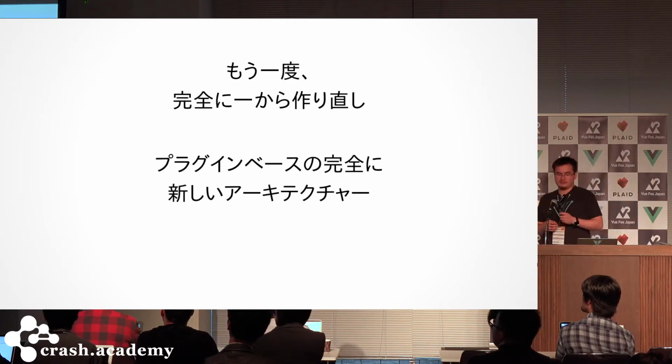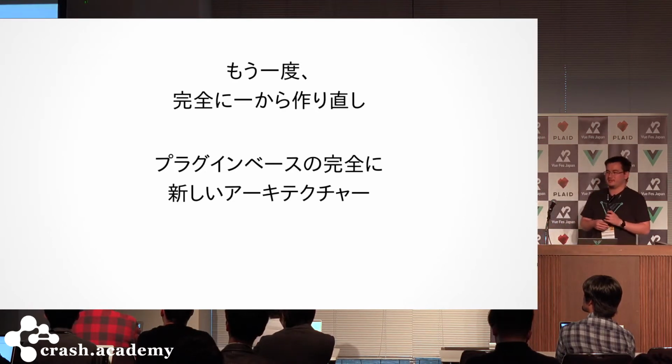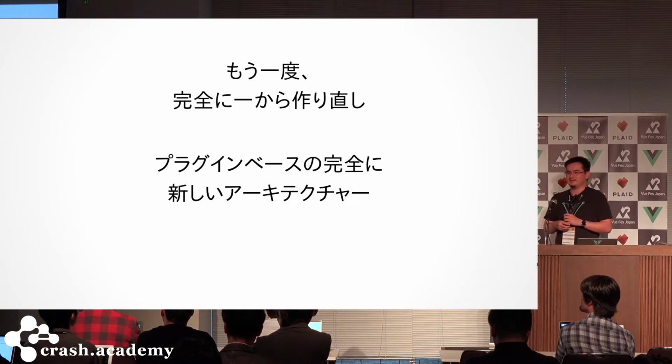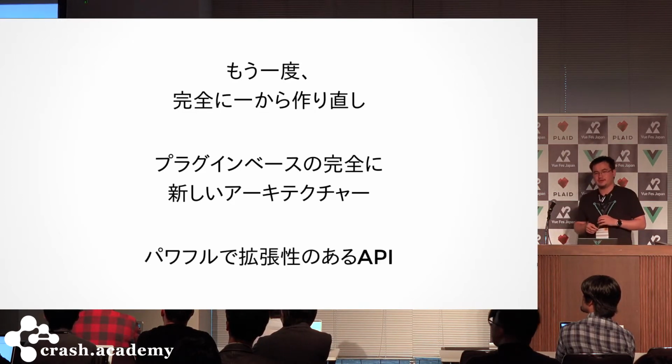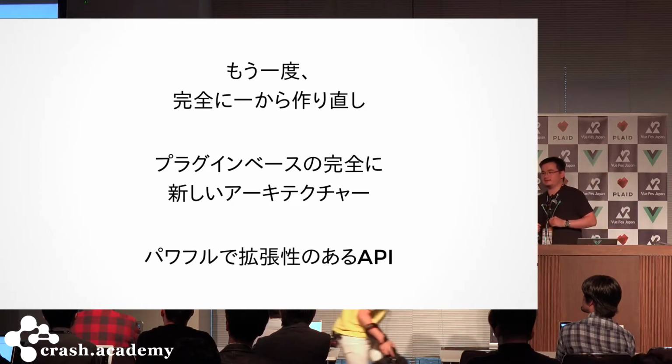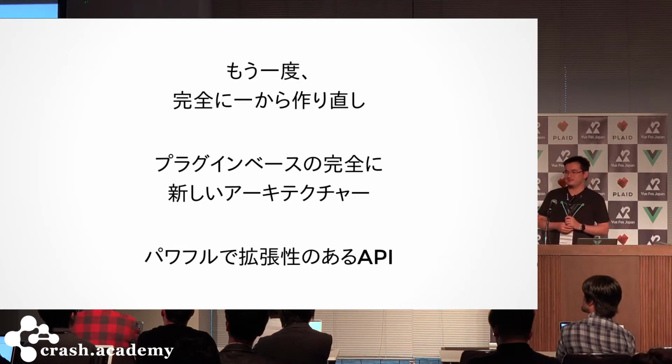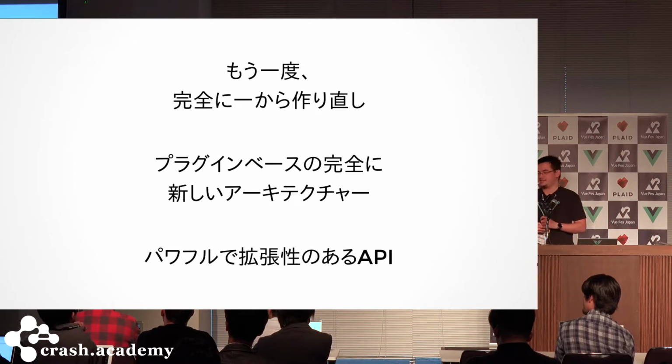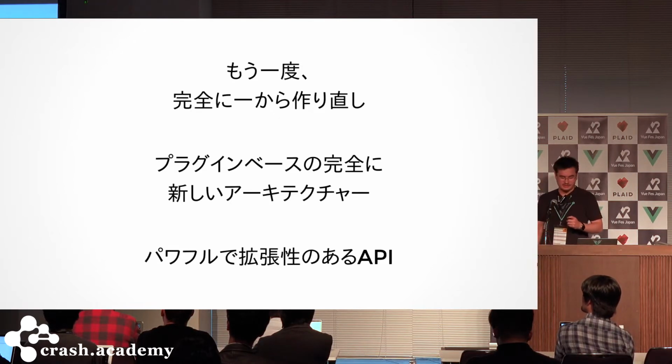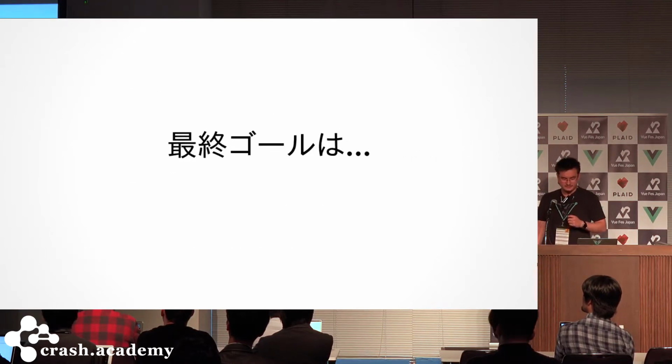It's way more powerful, and it has an entirely new architecture based on plugins instead of templates. And it also has a new API, so you can add more features to Vue CLI on the projects that rely on it.